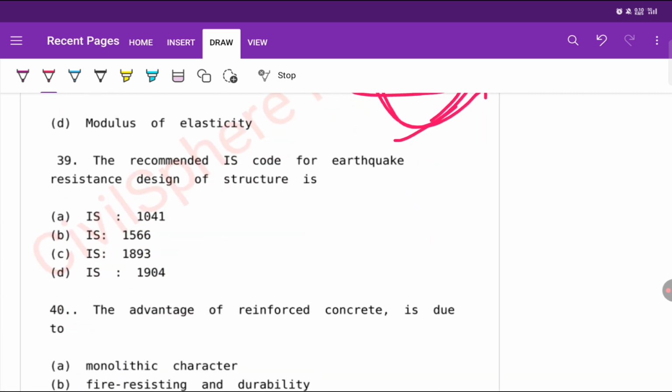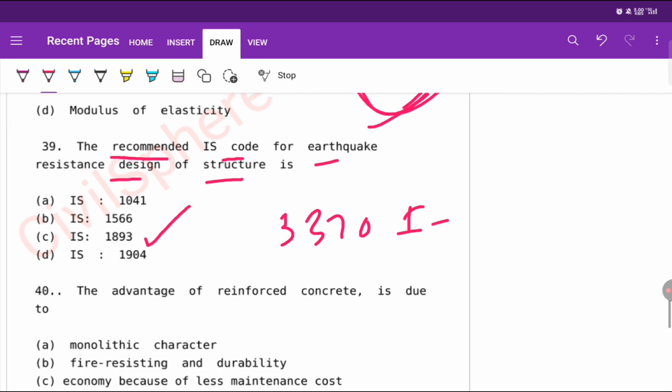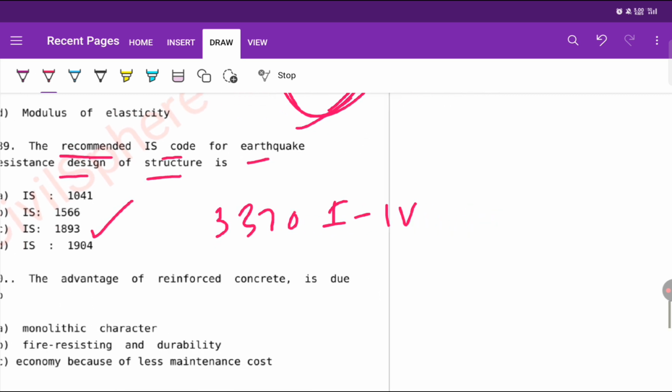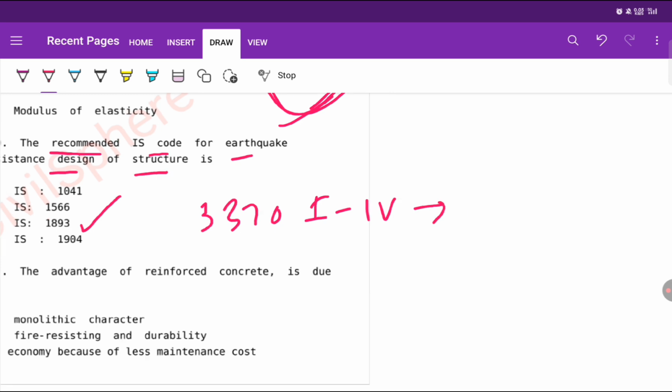Coming to the next question, number 13: the recommended IS code for earthquake resistant design of structures is IS 893. Some other important codes to remember: first, IS 3370 part 1 to 4, which is design of water tanks.